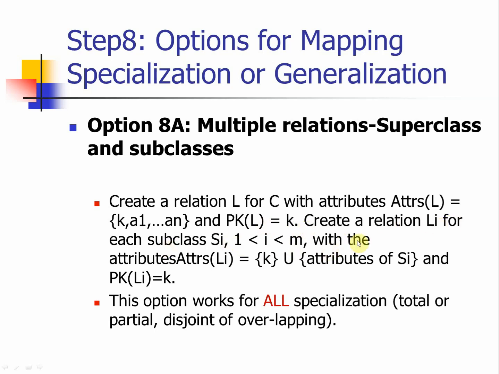When we're doing that, the attributes of Li equal K union with all attributes of Si, and the primary key is K. This option will work for all situations. So this is actually a very good choice that we can have. Create multiple relations with superclass and subclasses.